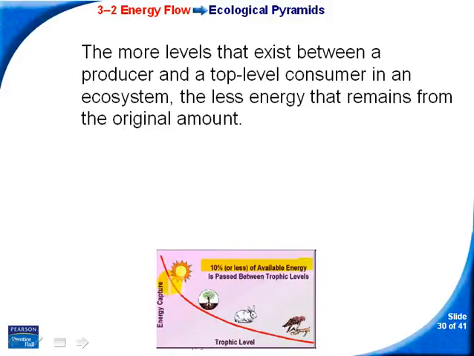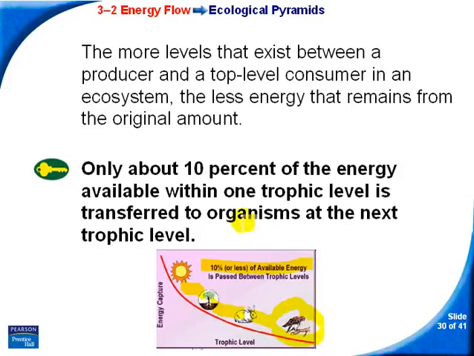That means from the producers down to this consumer, you're going to have only 10% from the sun to the plant, then only 10% of that from the plant to the rabbit, and then only 10% of that amount available to the hawk. So the magic number here is 10%: 10% of the energy available within one trophic level is transferred to organisms on the next trophic level.